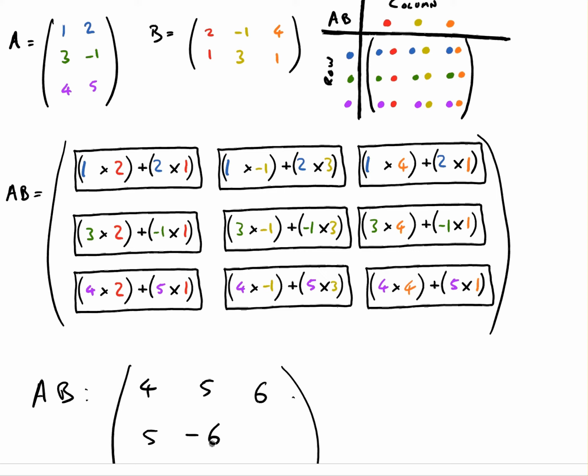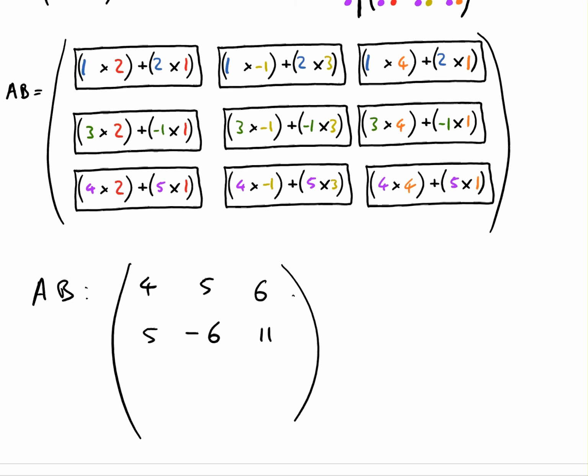So we're going to end up with minus 6. And then we got 3 multiplied by 4, which is 12, plus minus 1 times 1, which is minus 1. Is that right? Yeah. 3 multiplied by 4, that's 12, isn't it? Minus 1 times 1, that's minus 1. So we're going to end up with 11.